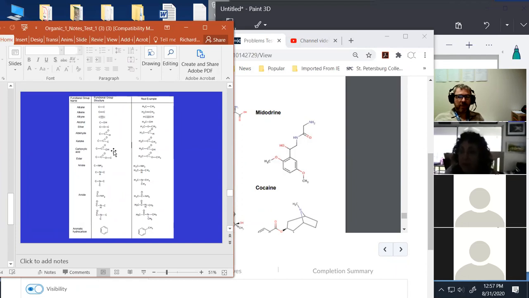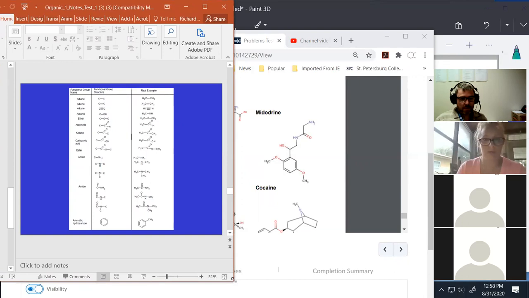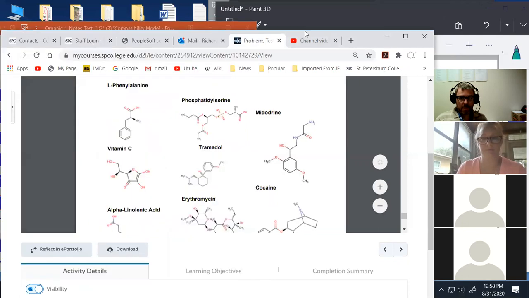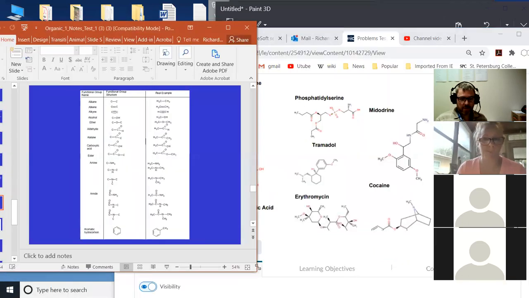Can you all see that, or do I have to enlarge it? It's kind of small. It's hard to read the subscripts, like the H something C. I'll see if I can enlarge this a little bit.